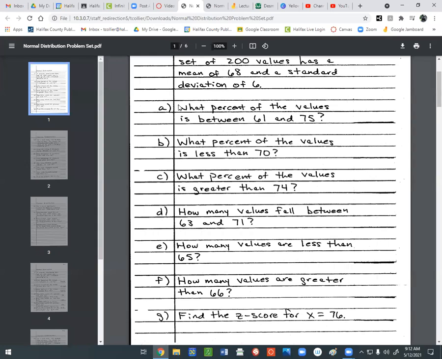What percentage of the values? Your minimum would be 61, your maximum would be 75. It'll give you a decimal for an answer, and then you have to make that into a percentage. And you don't multiply by 200 because you only do that when it asks how many values. But if it's just asking for a percentage, you're just taking the decimal and making it into 48.91%.